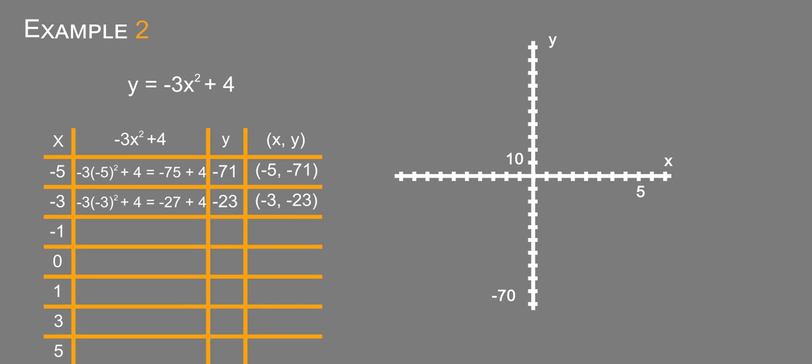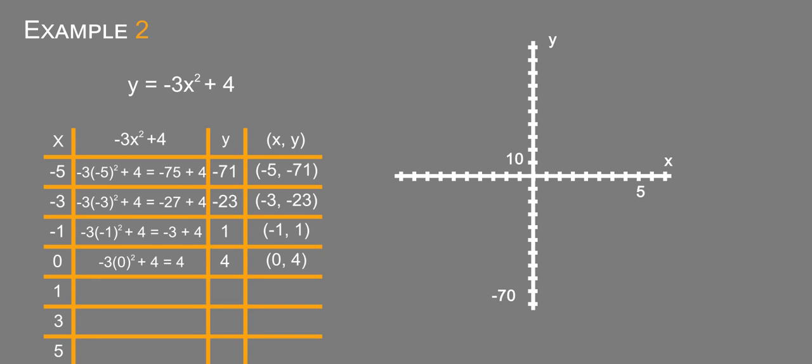Negative 1, we have negative 3 times negative 1 squared plus 4, which equals negative 3 plus 4, which equals 1. So negative 1, 1. At 0, we have negative 3 times 0 squared plus 4, which equals 4. So we have 0, 4.